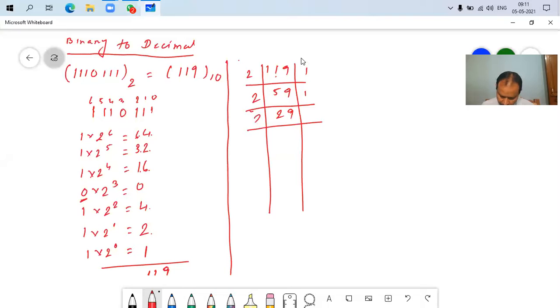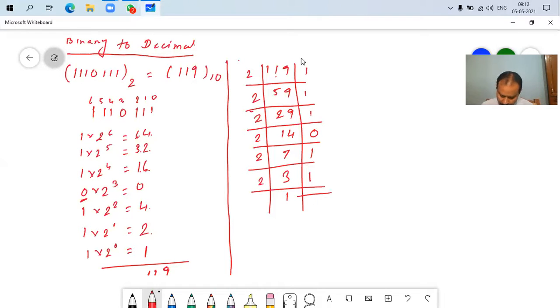Then we divide it by 2, 2 fourteens are 28, remainder 1. Divided by 2, 7, 2 sevens are 14, remainder 0. Then we divide it by 2 again, 2 threes are 6, remainder 1. Then we divide it by 2 again, 2 ones are 2, remainder 1. We need not divide 1.